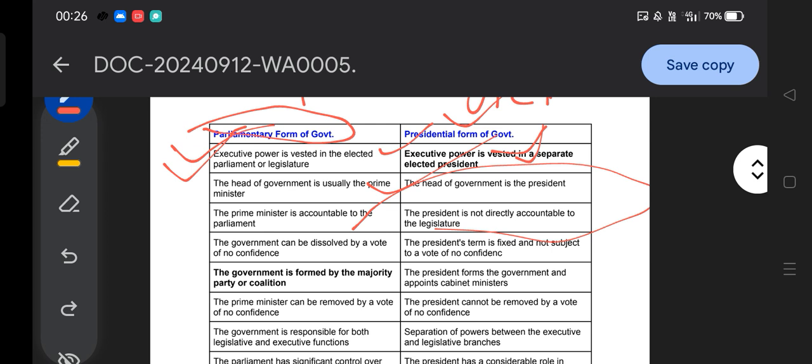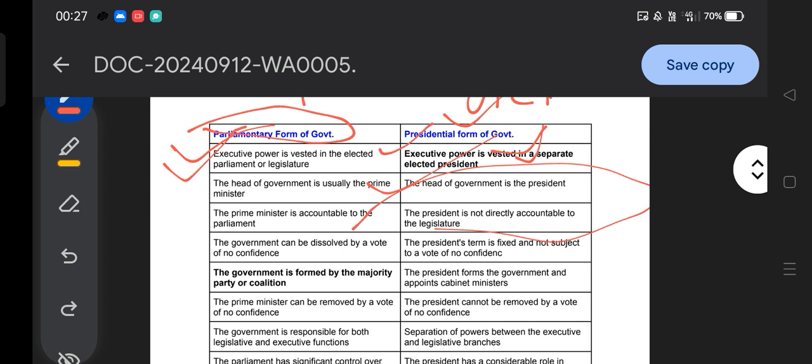So you need to remember, in the presidential form of government, the head of the government is the president. On the other hand, in the parliamentary form, the head of the government is the Prime Minister, who is accountable to the legislature and can be removed by a vote of no confidence.